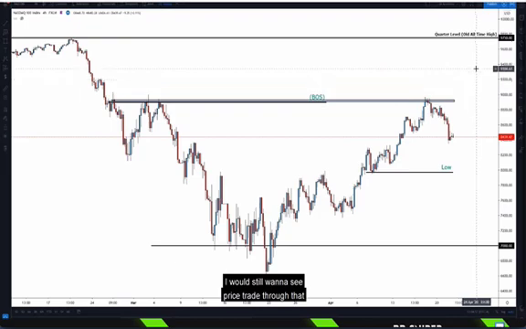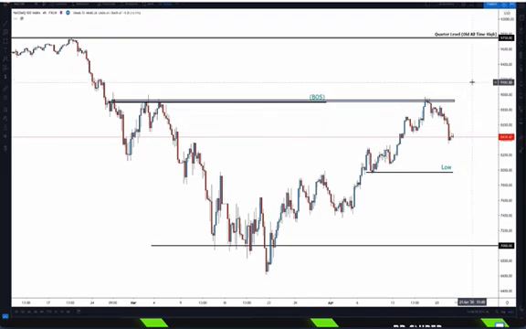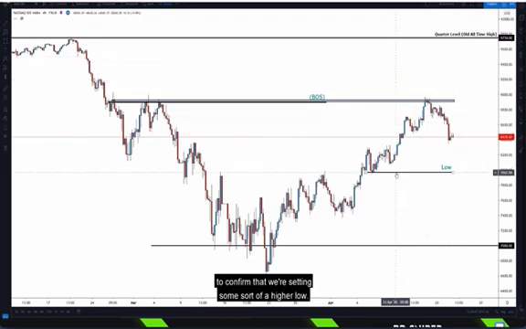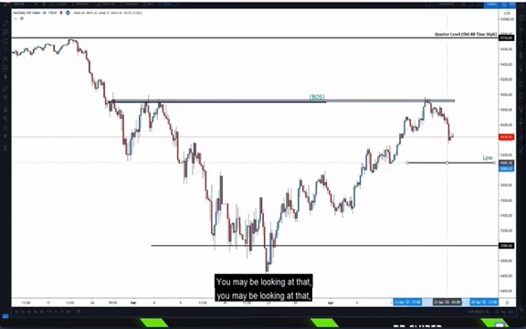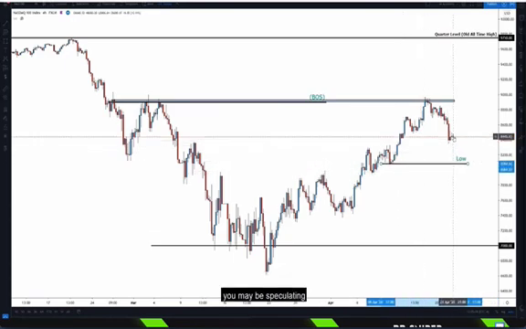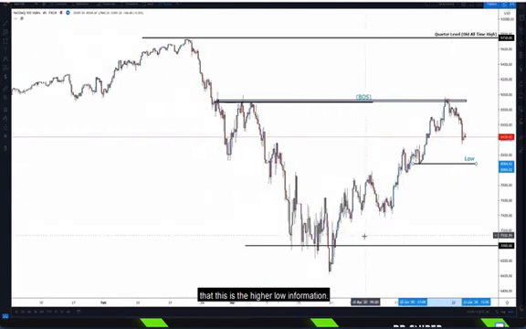I would still want to see price trade through that to confirm that we're setting some sort of a higher low. You may be speculating that this is the higher low in formation.